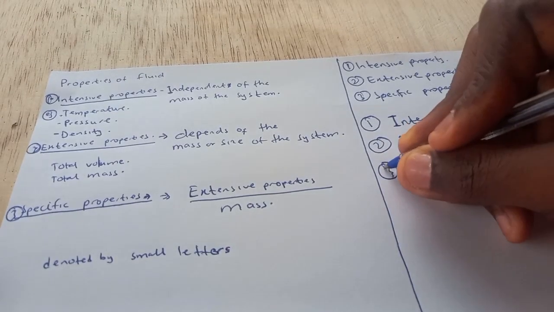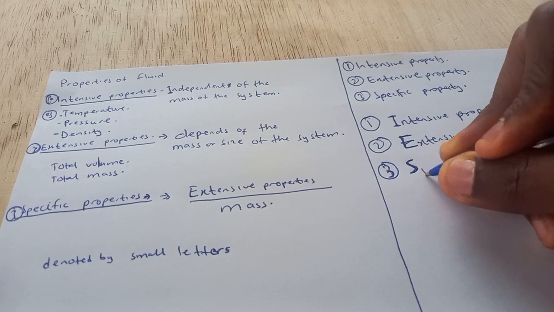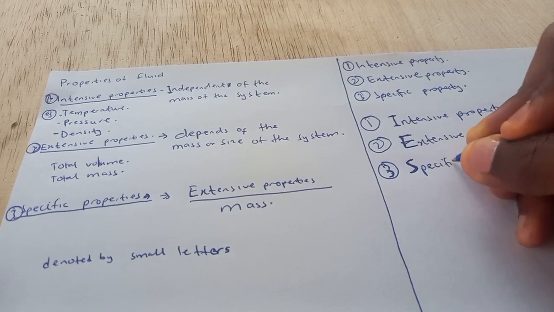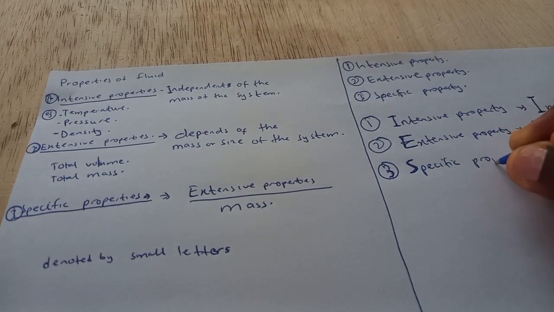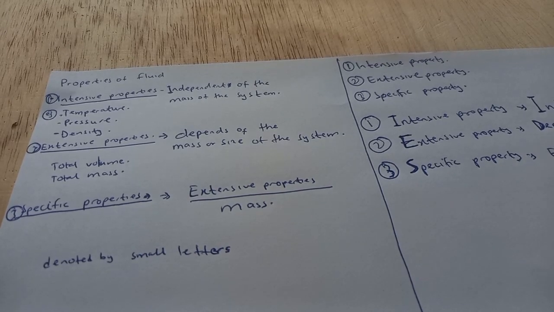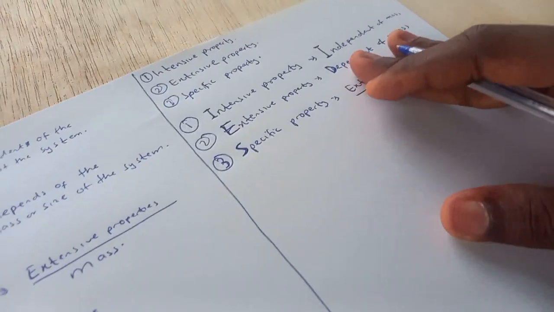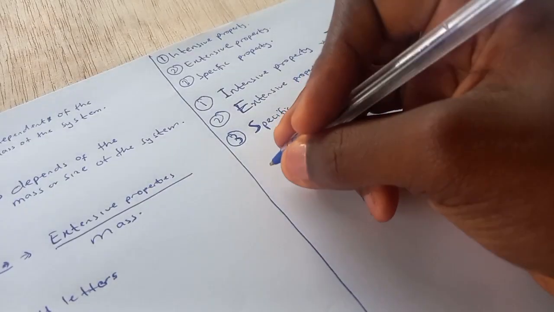But the last one, that is the specific property, is what? All about the extensive property over mass, divided by the mass or per mass. Are you getting it? So let's look at examples of the specific properties.